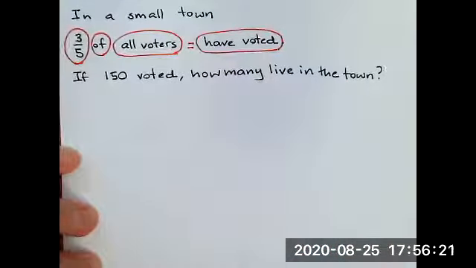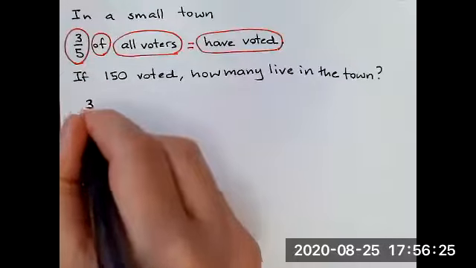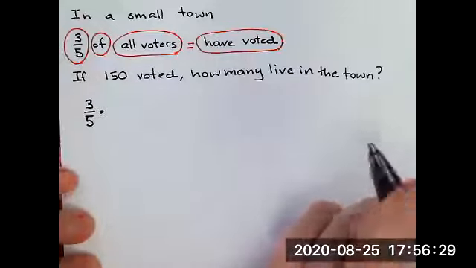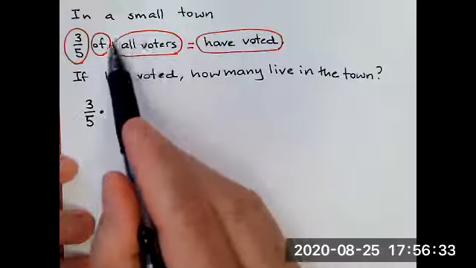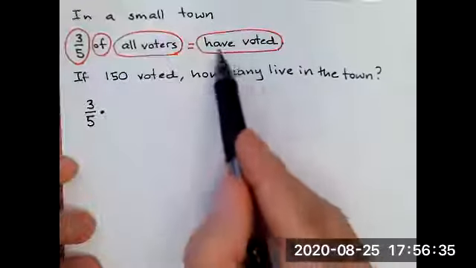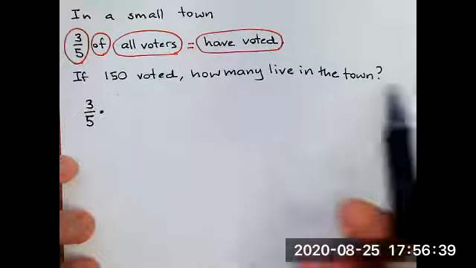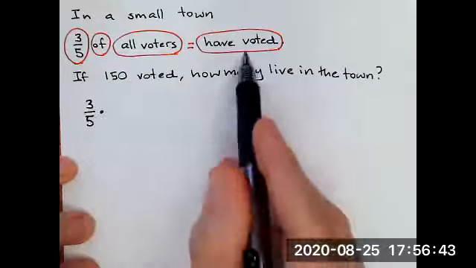So let's make that an equation. 3/5 of means times. And then we have to ask, do we know the number of all of the voters, or do we know the number who have voted? Right, 150 have voted.